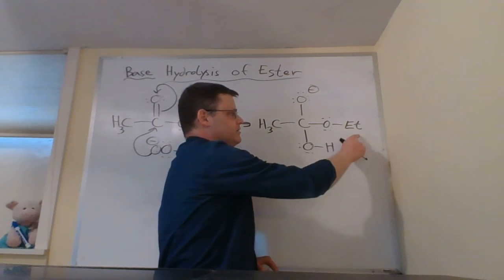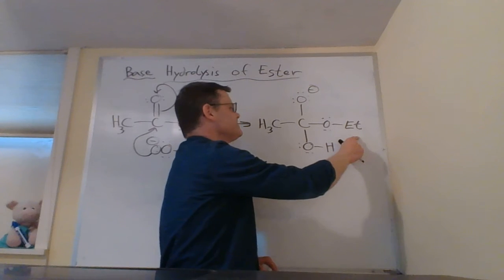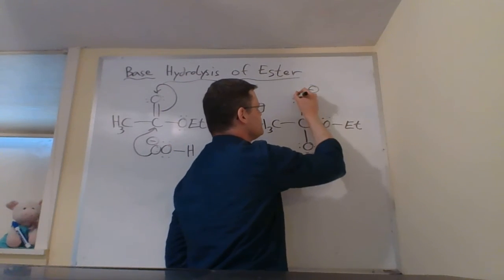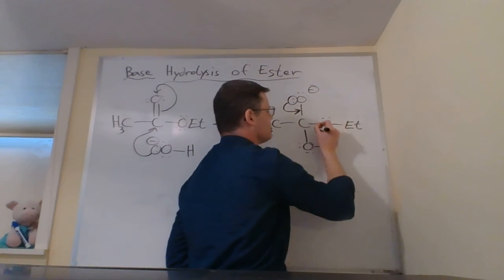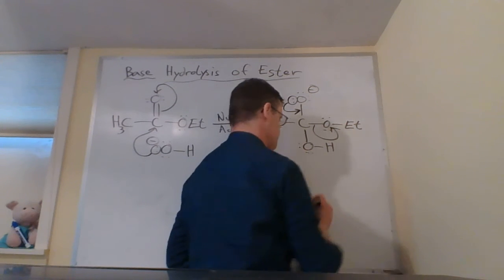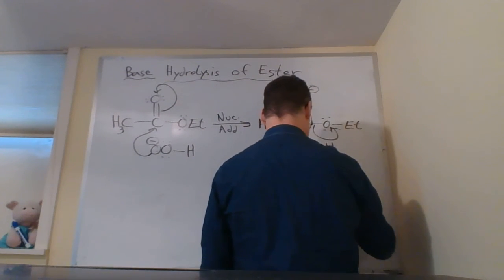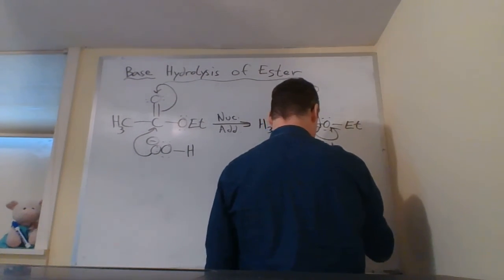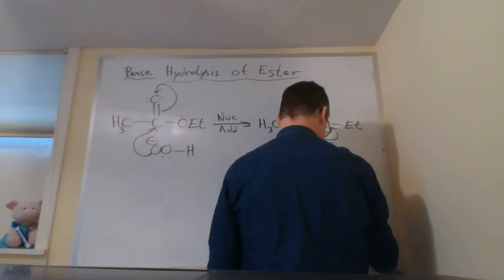We have a good enough leaving group here. So our second step is that it's going to leave. And that is called a nucleophile elimination.